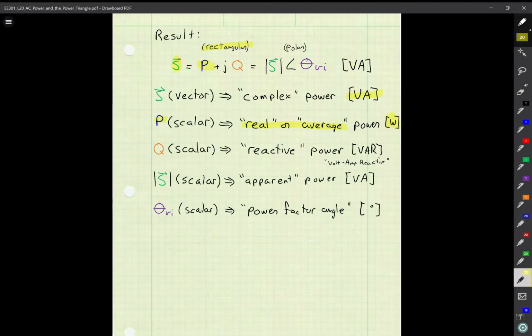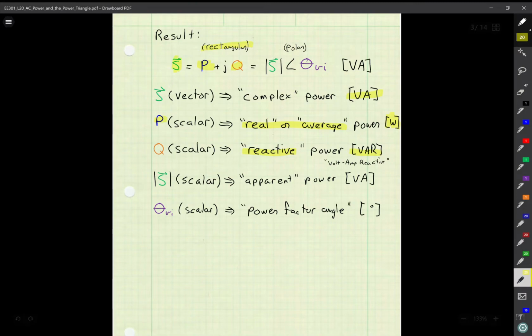Now we introduce a new concept: a scalar value we call Q, called reactive power, and the units are volt-amps reactive, or VARs.